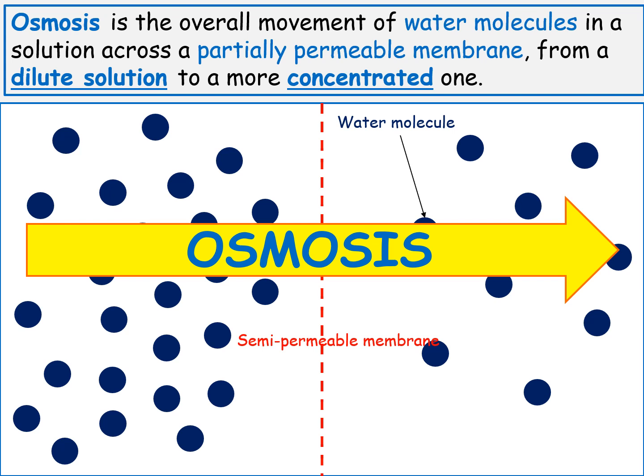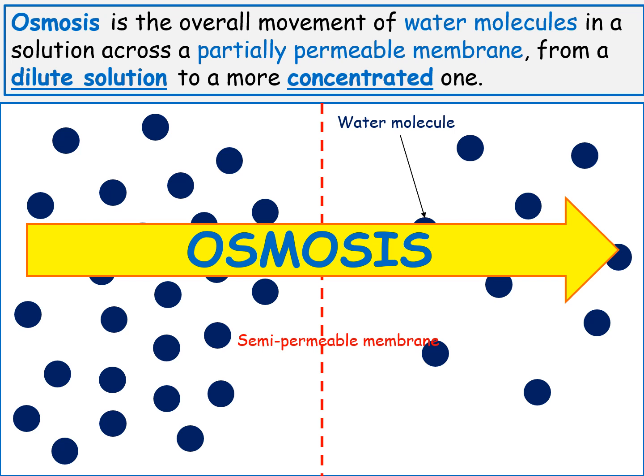On the right hand side we've got a lower concentration of water molecules. So those water molecules will move from the high concentration to the low concentration. So they'll move from left to right by osmosis.